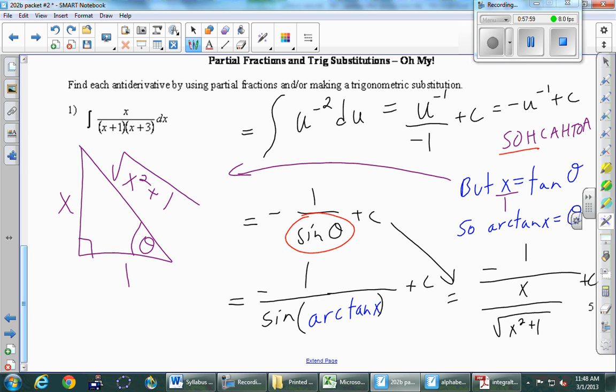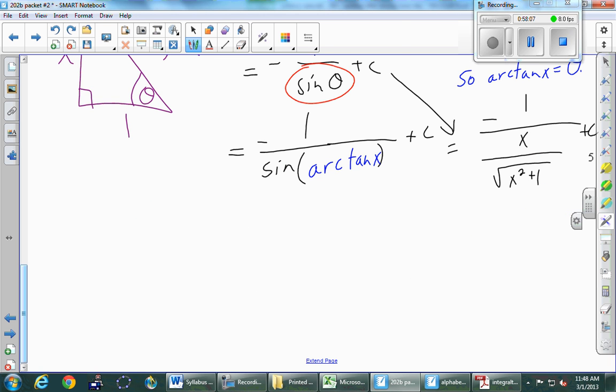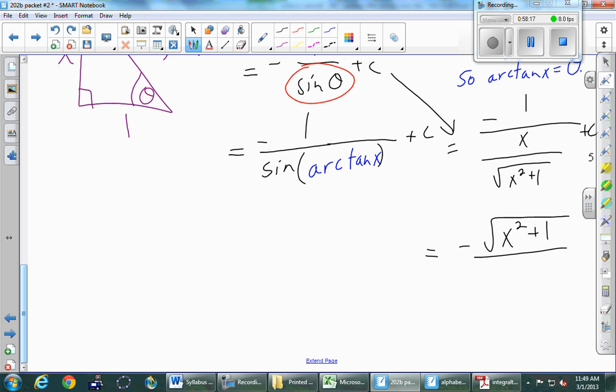So this is just an alternative. Instead of writing sine of arctan of x, we can write that, which is preferable in general. We finally got to an integral that we could do.